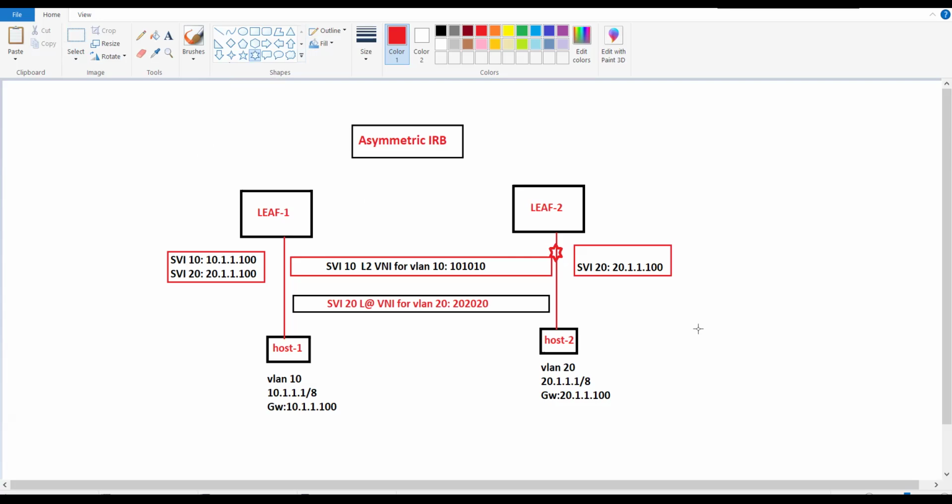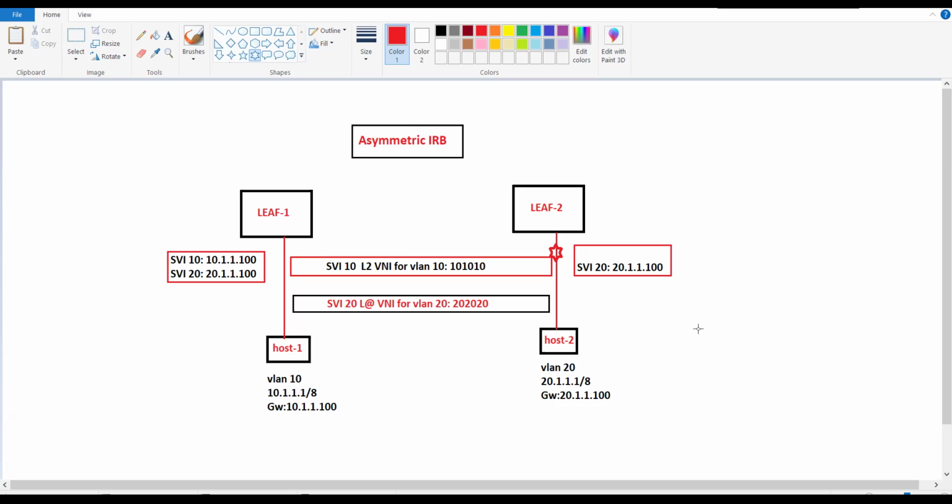But in the case of symmetric IRB, which is also supported by Cisco devices, even if on leaf 1 I have only SVI 10 or VNI 10 and on leaf 2 I have only SVI 20, communication is still possible between the hosts connected to the leaf switches. We do not need to configure the SVIs on each and every leaf switch in our network. That is more scalable.